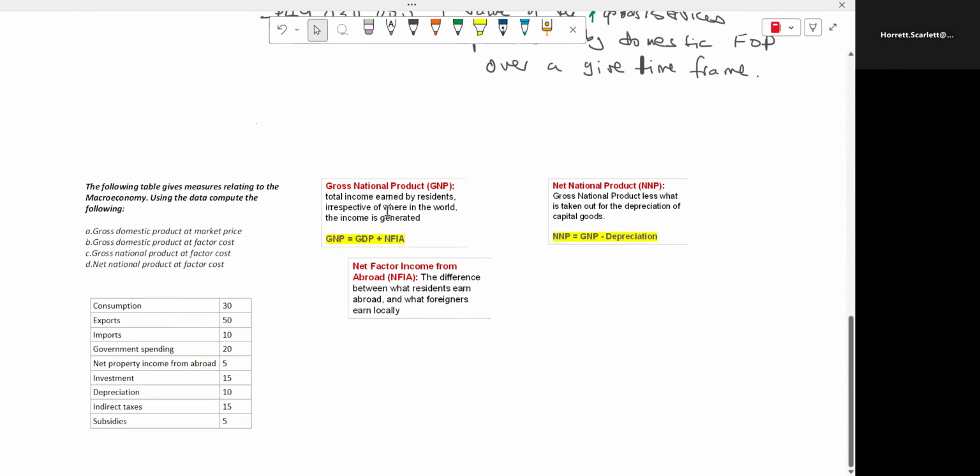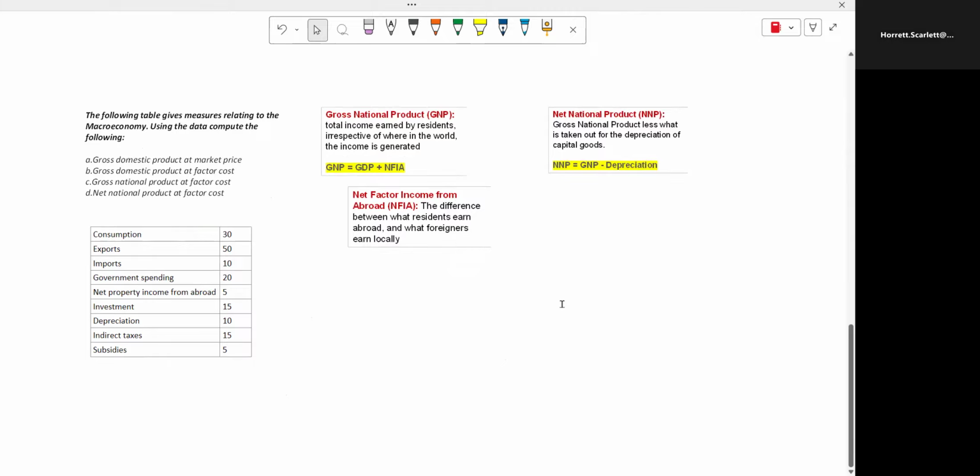So let's have a look at our example. We are told that the state of the economy is defined by the table below, where we have a set of items.